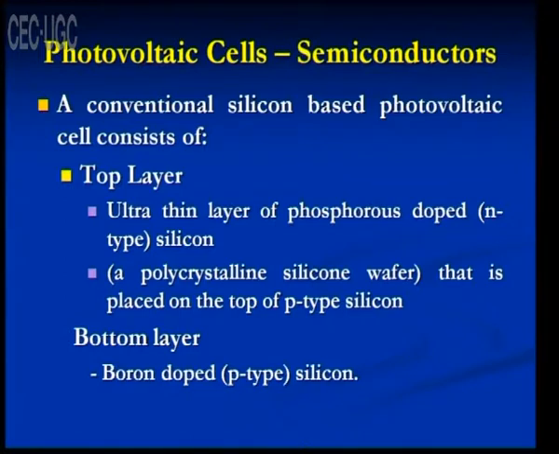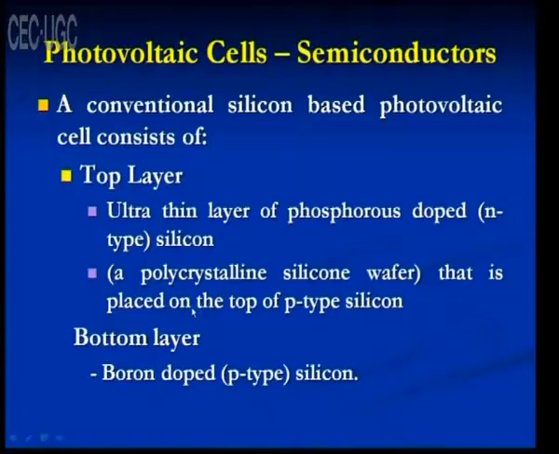A conventional silicon based photovoltaic cell consists of a top layer and a bottom layer. The top layer consists of an ultra thin layer of phosphorus doped silicon. This is called N-type silicon because it has one extra electron in the system. So, it is an ultra thin layer of phosphorus doped silicon, called the N-type, consisting of a polycrystalline silicon wafer that is placed on top of the P-type silicon.